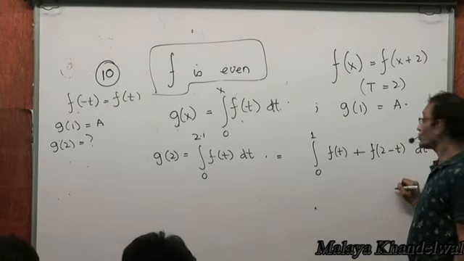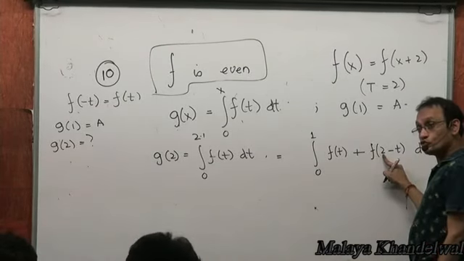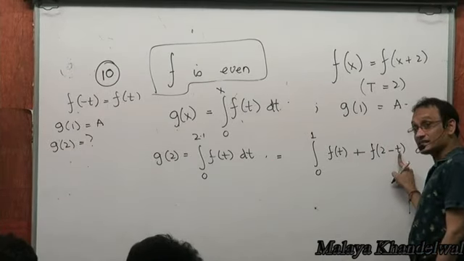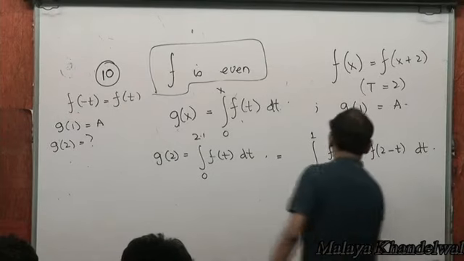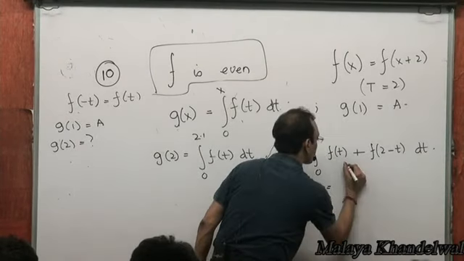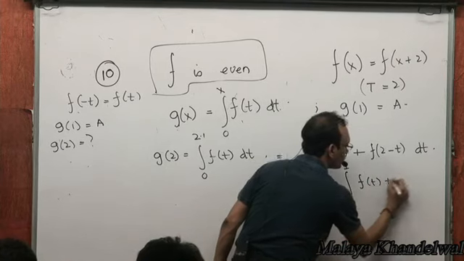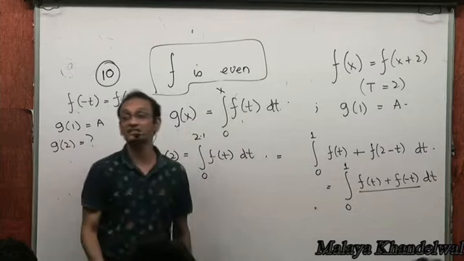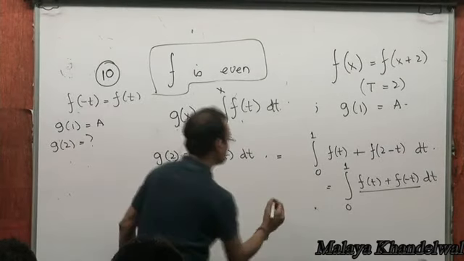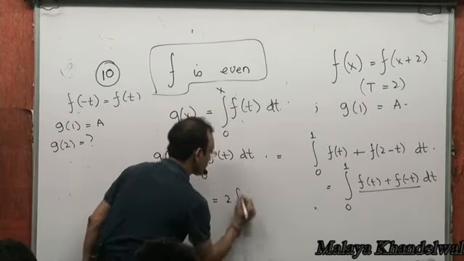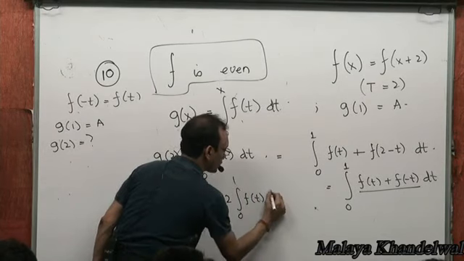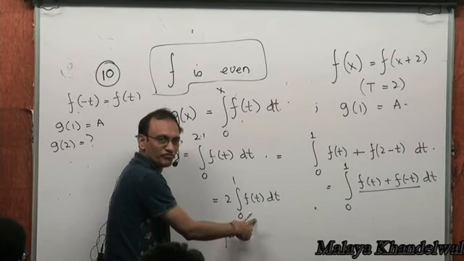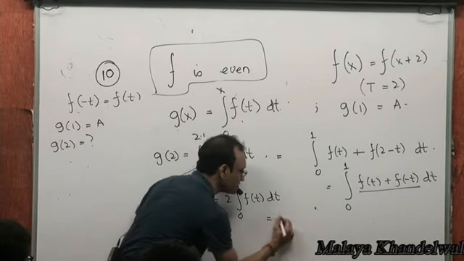But f has a periodicity 2, so f(2 - t) is the same as f(-t). But f is even, so f(-t) is the same as f(t). But this is a, right? This is g(1), which is given to be a. So that makes it 2a.